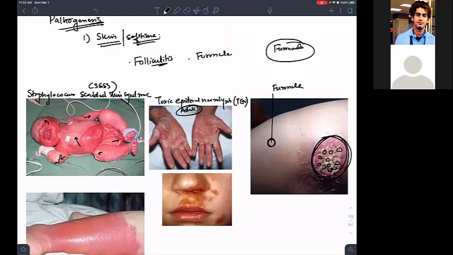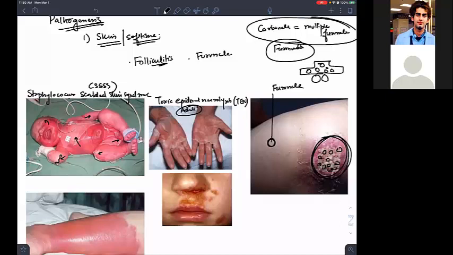This is a car. In the car, the uncle brings every child, every son, daughter, little kids. So multiple furuncles make a carbuncle. You can remember it like this.